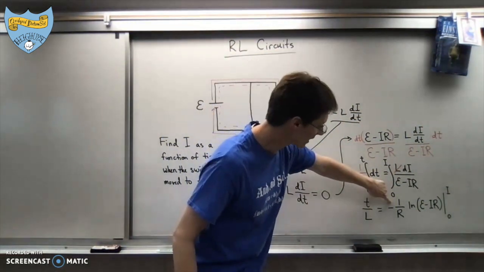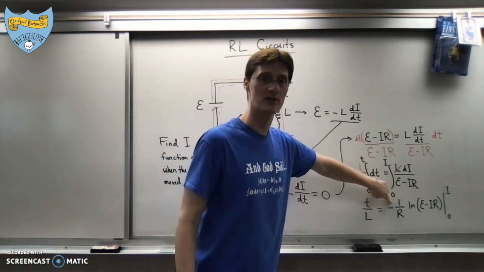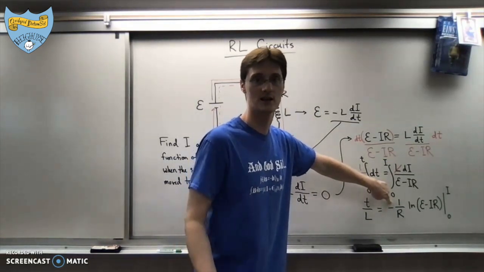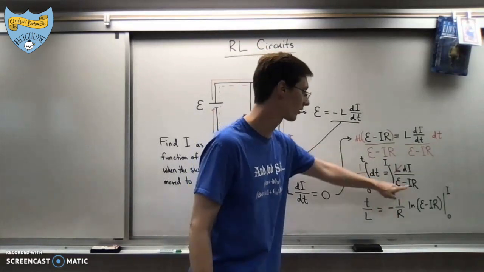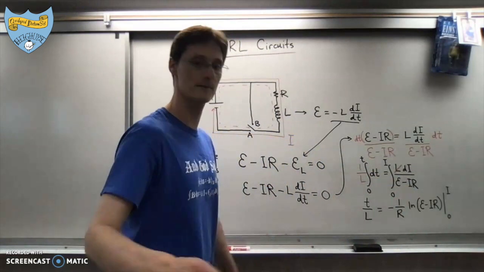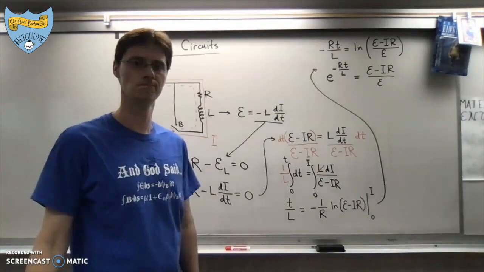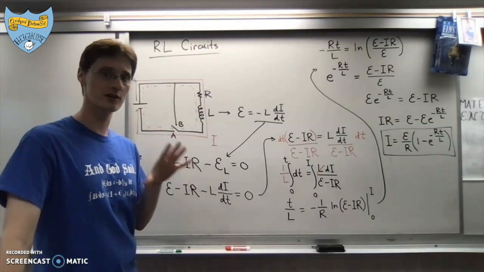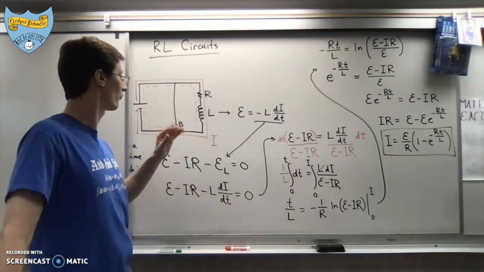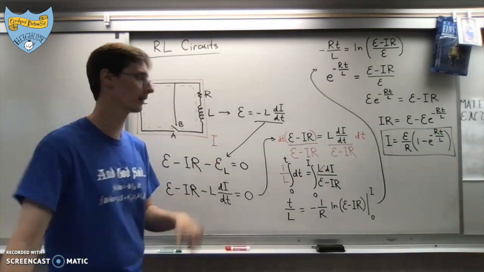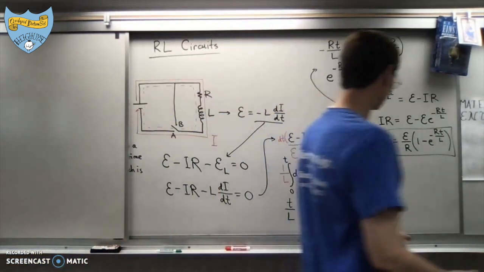Also, sometimes people forget the 1 over R is there because of the chain rule, due to the R being with the I in that equation. And there is our answer for the current as a function of time for when we move the switch to position A.